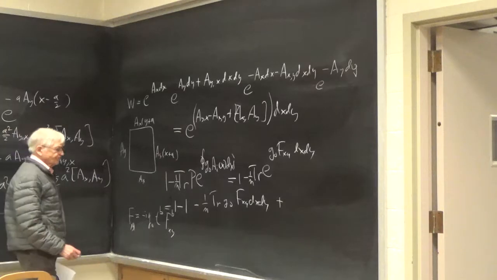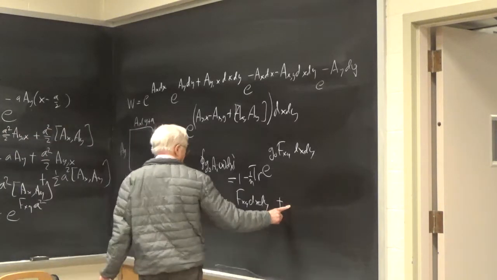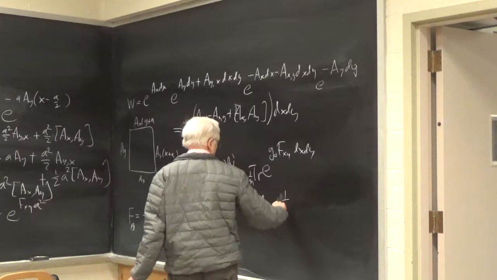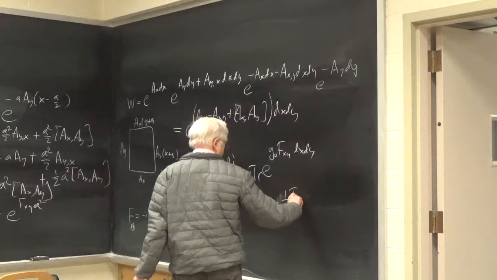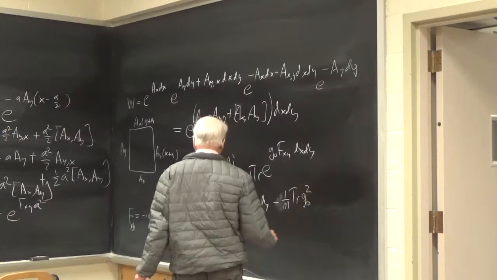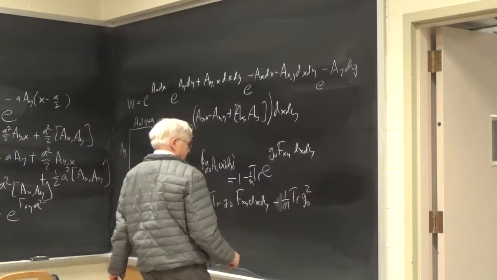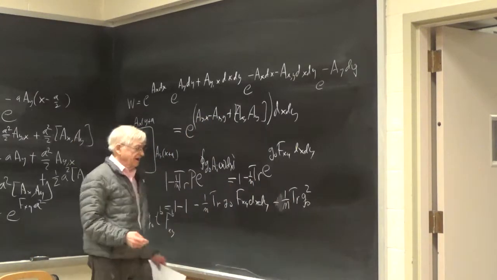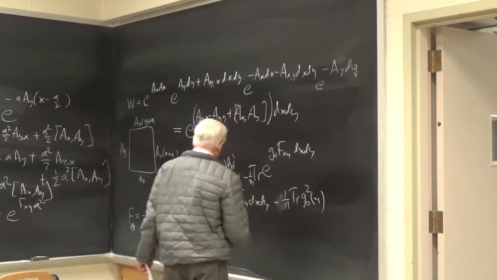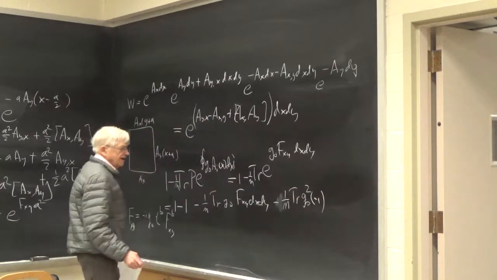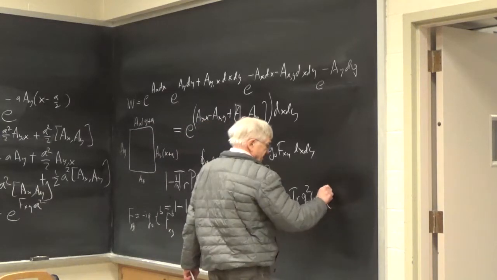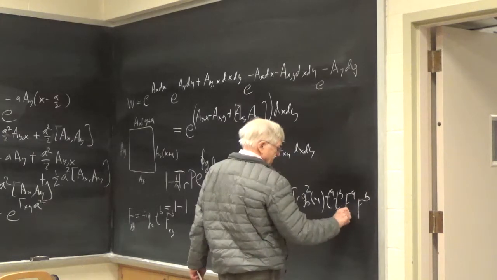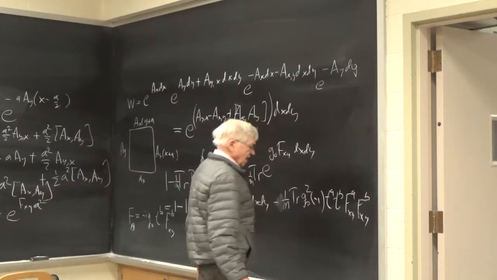And so if I do this in a couple of steps, we have minus 1 over n trace g0 squared, and it would also be another minus 1 from the two factors of i, and then you would have T^A, T^B, F^A, F^B, xy, xy.